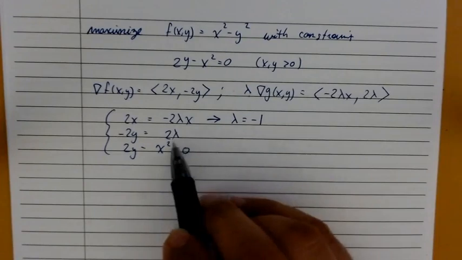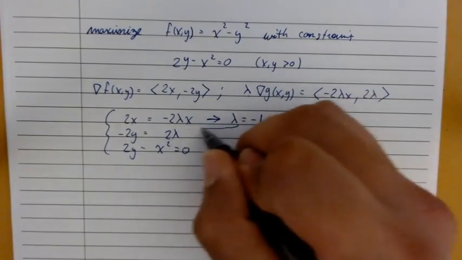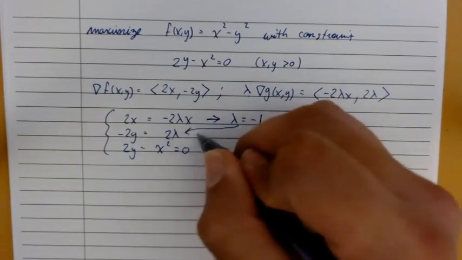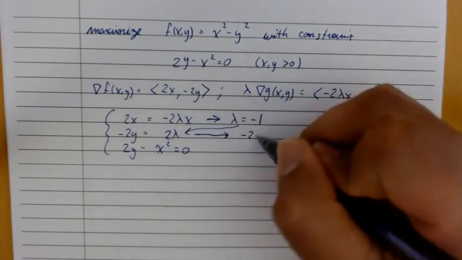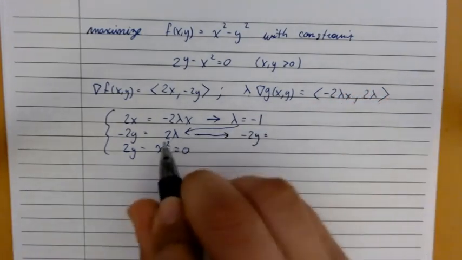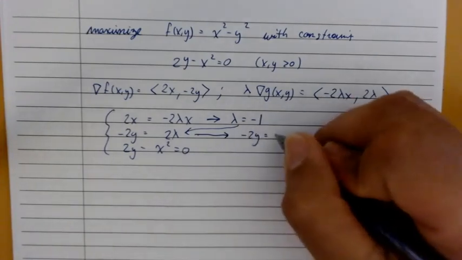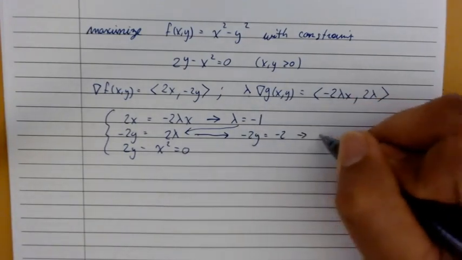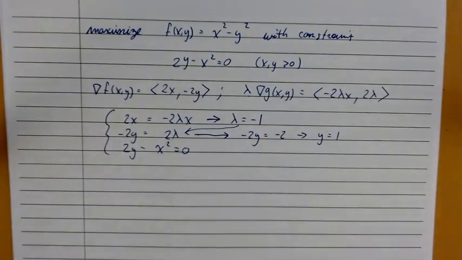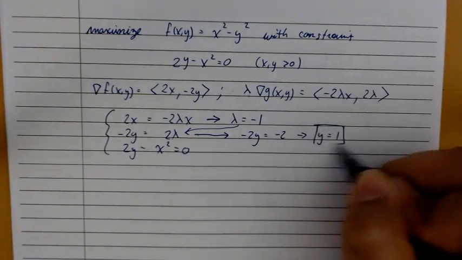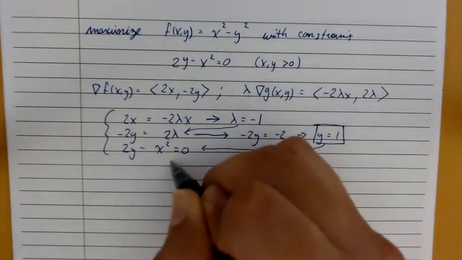So right here we can plug that in. That is now -2y is equal to 2 times lambda. 2 times -1 is -2, and that suggests that y must equal 1. Oh, so now I know what y is. Now let's plug that into that final equation.